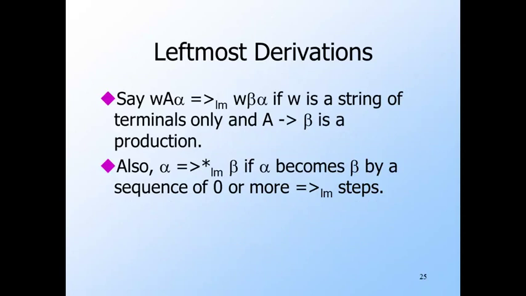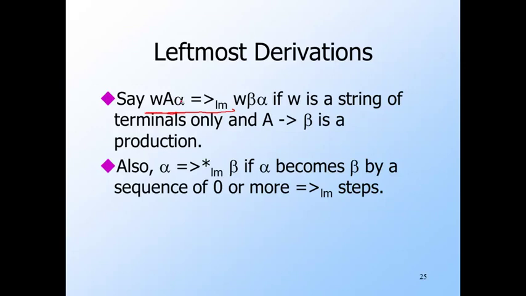The double arrow with an LM subscript, that's this, represents one step of a leftmost derivation. That is, on the left of the arrow LM, we must have a string of the form wAα. Here you see one. Since w by our convention has terminals only, A must be the leftmost variable in the string.